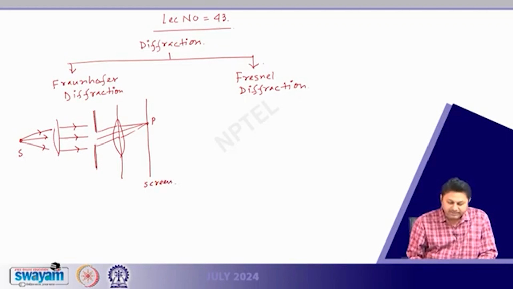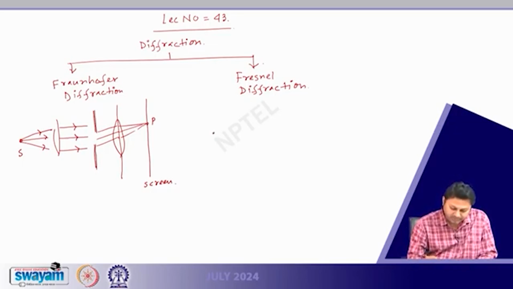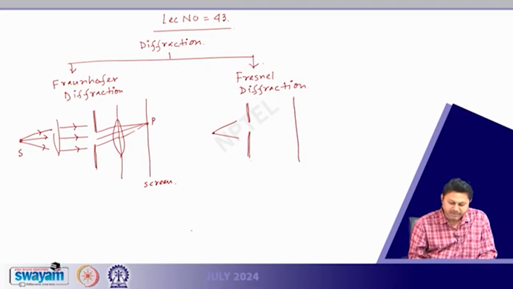Fresnel diffraction on the other hand has a rather simple structure. I have a source here emitting light and it is interacting with this aperture, and then we get some pattern out of that.